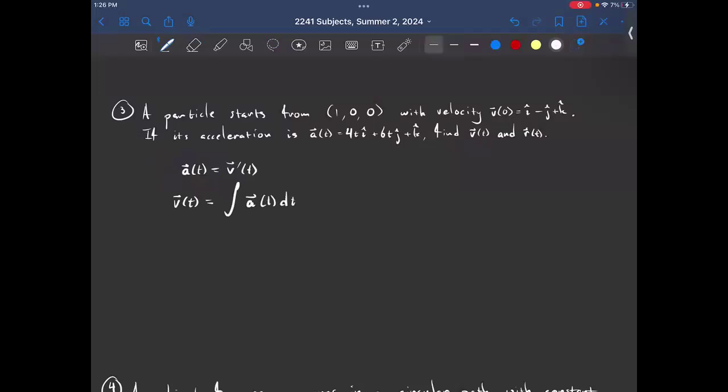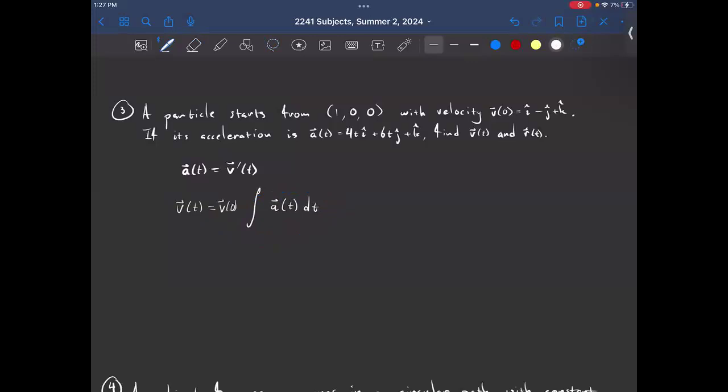And you know what, I'm going to make that smaller. So the antiderivative of the acceleration function. Except I need an extra factor because I need to anti-differentiate both sides, or integrate both sides.